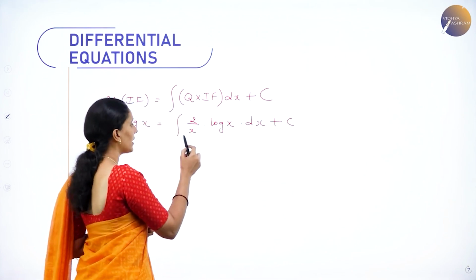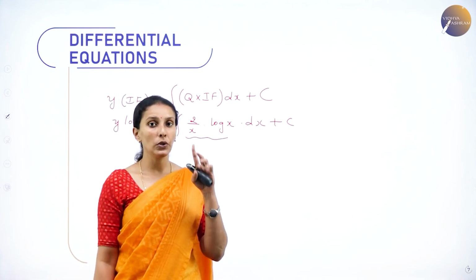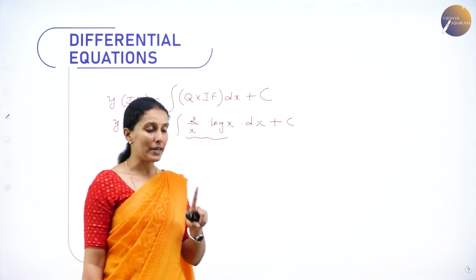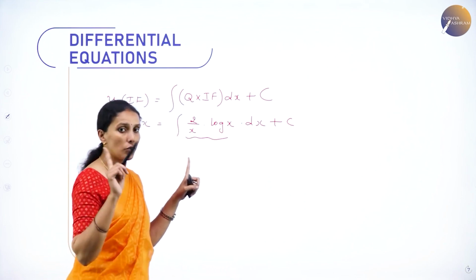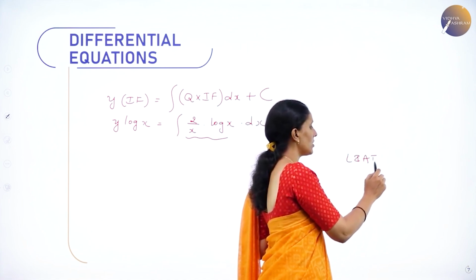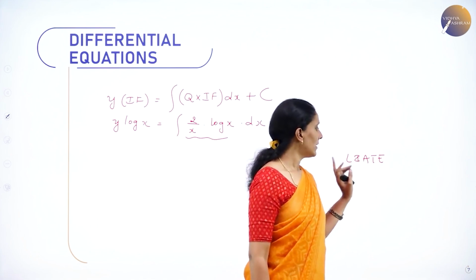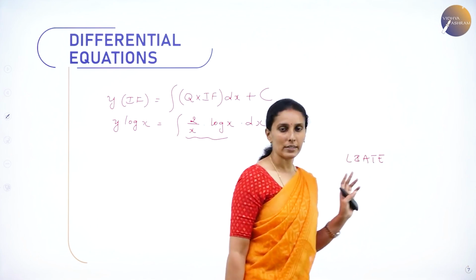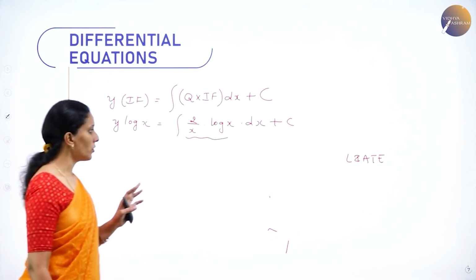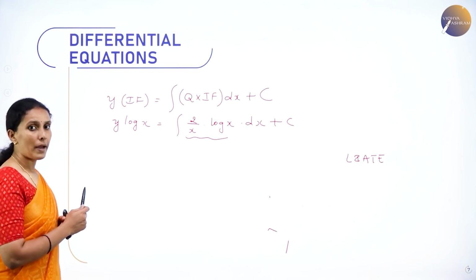Now I have to integrate two functions here. So when you are integrating two functions at the same time, use integration by parts. So here also remember the rule L, I, A, T, E. So first logarithmic, inverse, then algebraic, trigonometric and exponential functions. So using that rule, I can apply the integration by parts here.